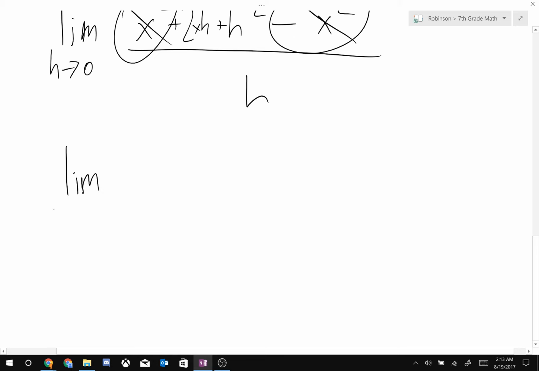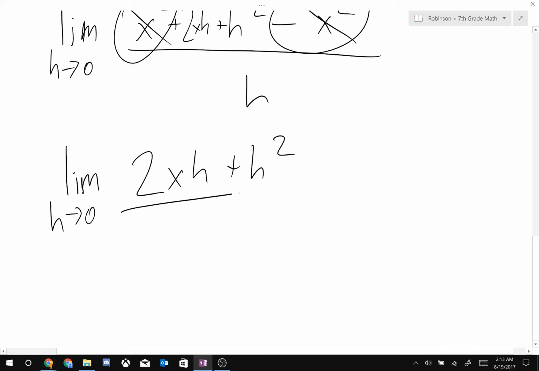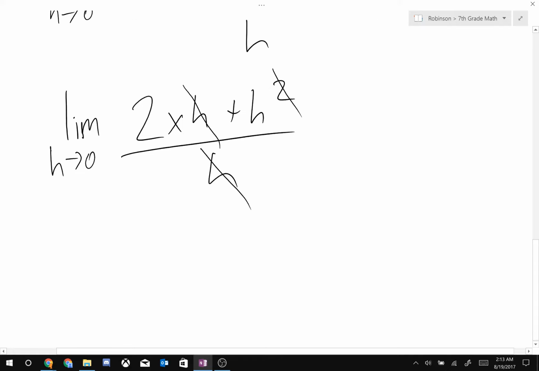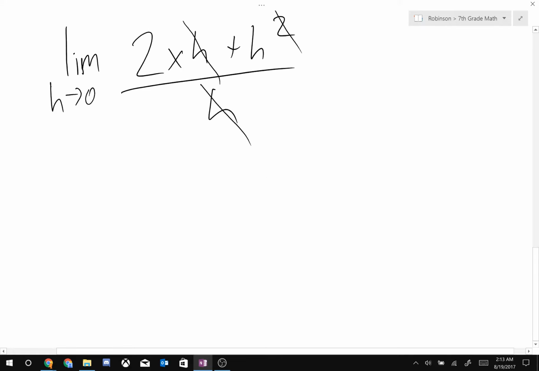Now we're left with the limit as h approaches 0 of 2xh plus h squared over h. Now, everything in this has an h, which means we can divide it out. We cancel out that h with that, and get rid of one of the h's from the squared. What we're left with is the limit as h approaches 0 of 2x plus h.